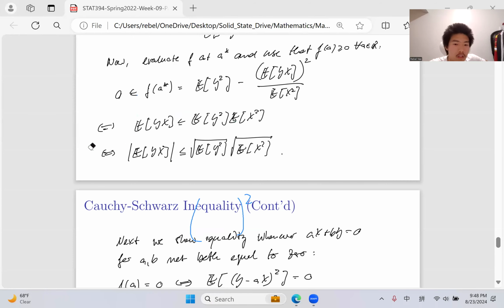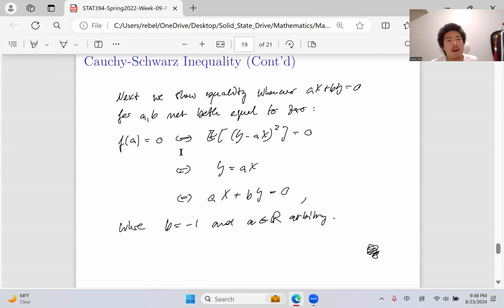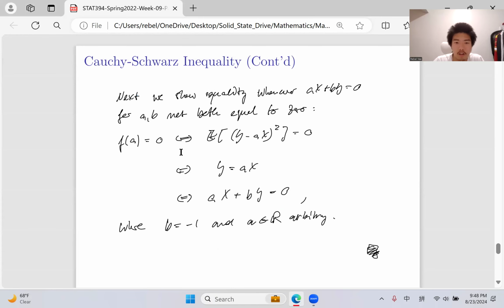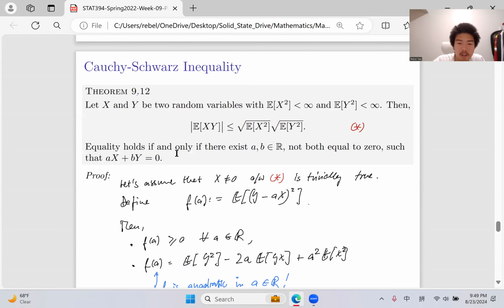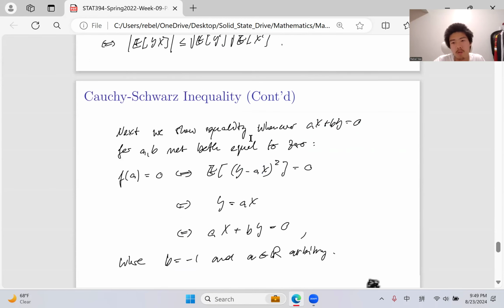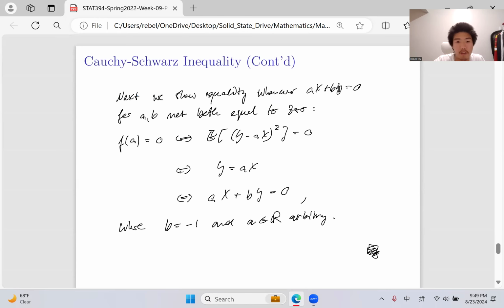Okay. Now regarding in what cases the equality occurs. Here we said the equality only occurs when ax plus by equals 0. So we just assume this is the case, and a, b are real numbers.